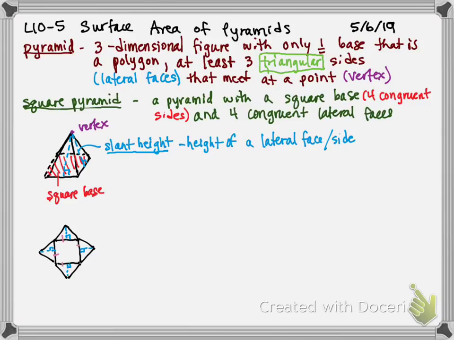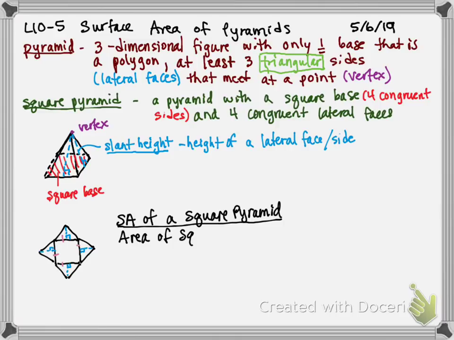Okay. So if we want to talk about surface area of the square pyramid, we have the area of a square base plus 4 areas of congruent triangles.